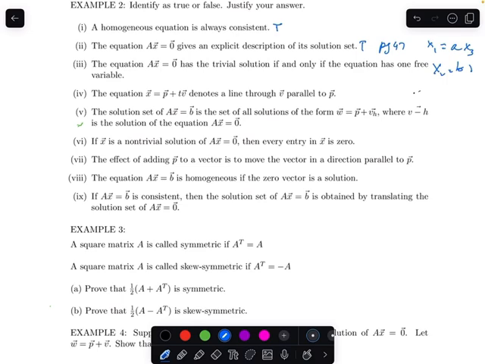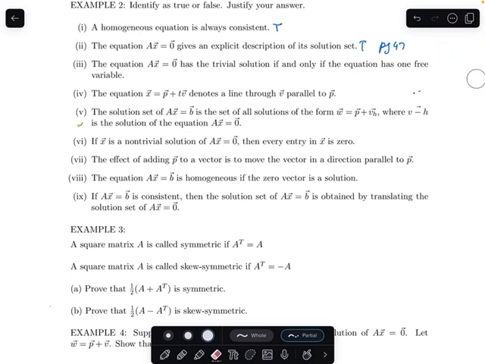You see these are explicit equations because we have no x1 on the right side in the first equation and no x2 on the right side of this equation.